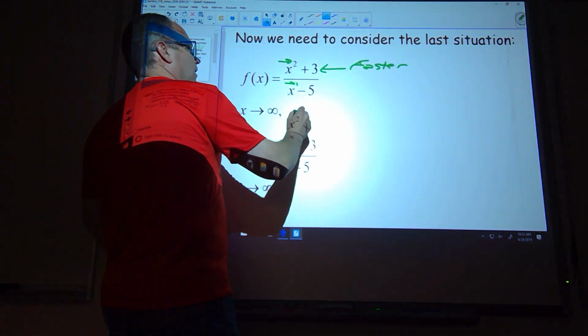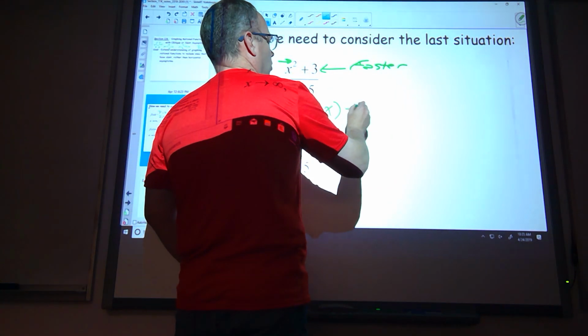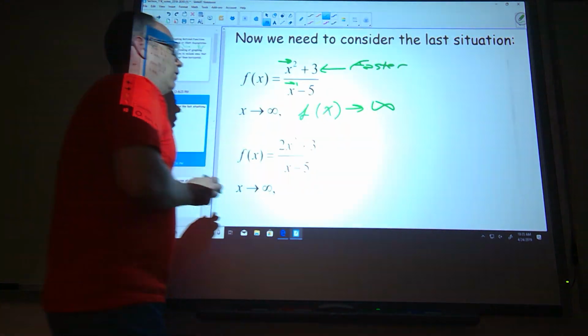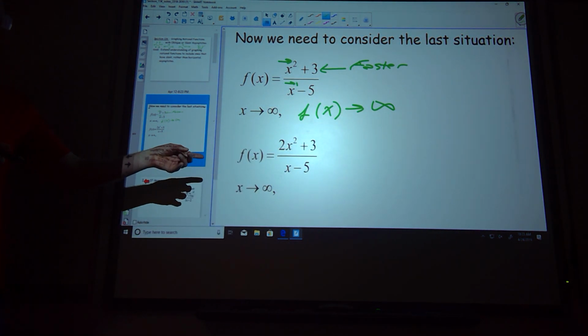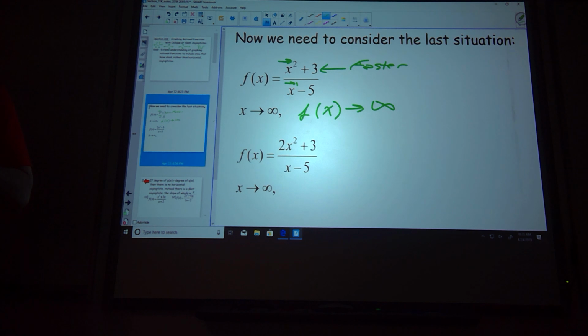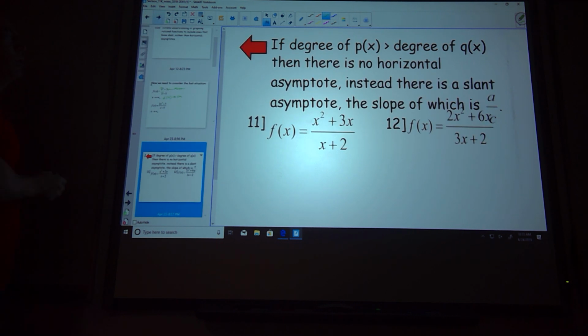So as that happens, the function at x is going to approach infinity on this one. Same thing on this one. The top's going to grow faster. Same answer. Okay? Does that make sense? They will both get to infinity, but one of them is going to be larger numbers faster than the other one. So the top will work faster than the other.